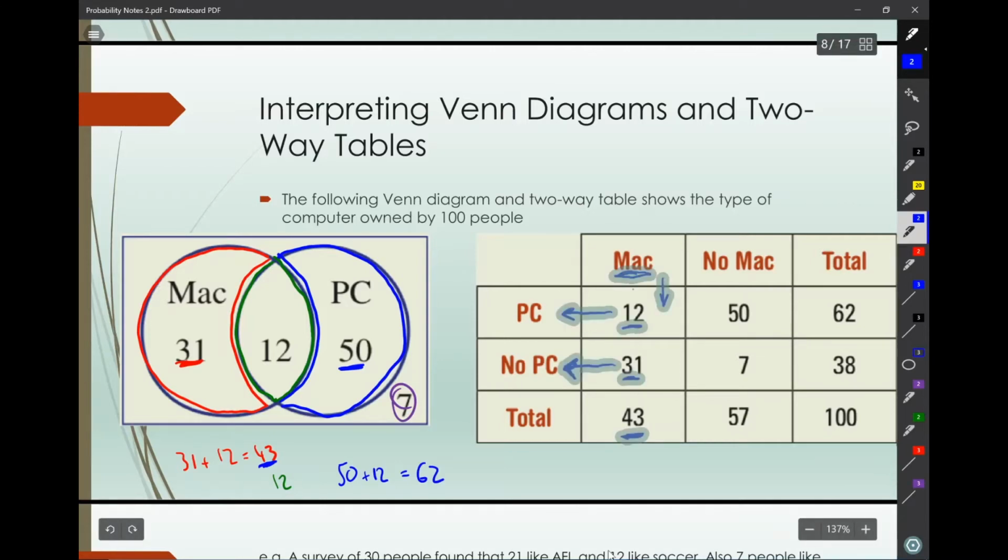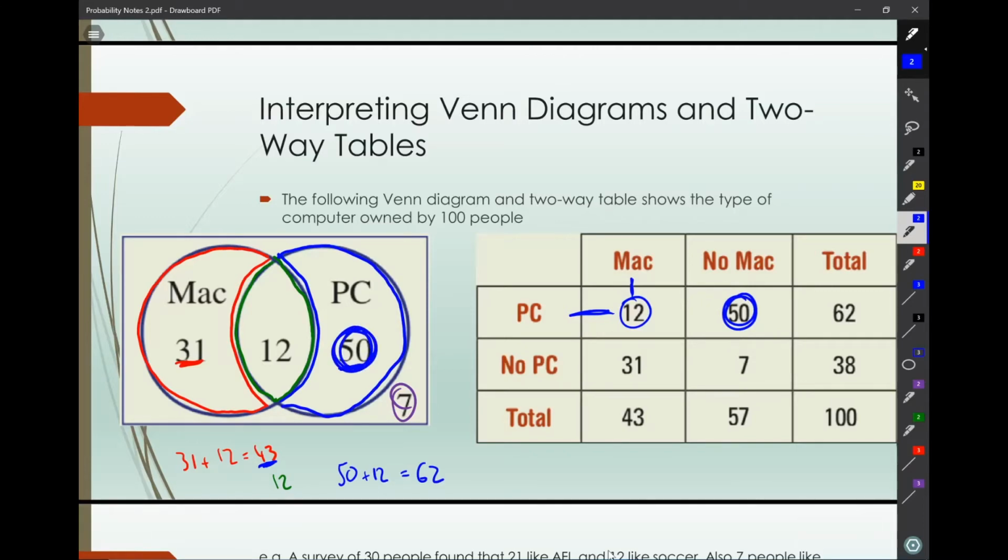If you want to know who owns a PC, you do the same thing. You read across the row, the PC row, and you see that 12 people own a PC and also own a Mac, and 50 people own a PC but no Mac, which is the same as the 50 people over here that are only in the PC part of the circle.